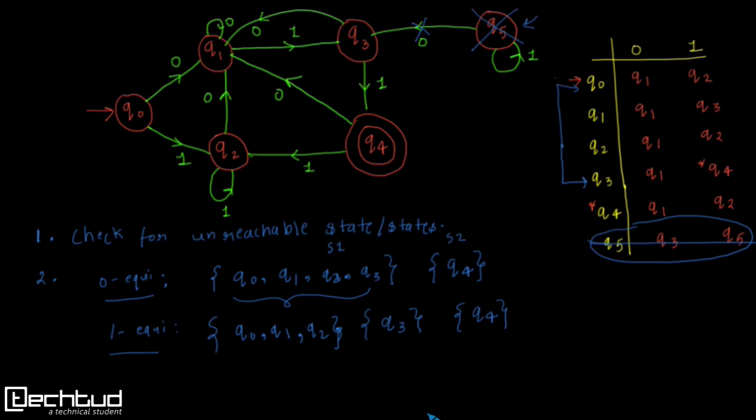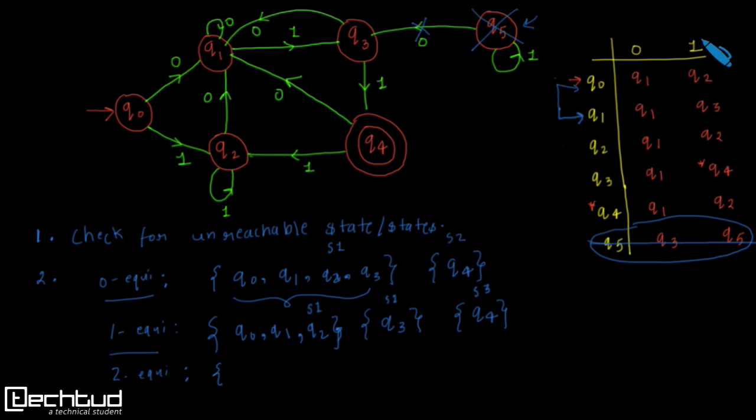Now we will check for two equivalent states. So now we have three sets: S1, S2, and S3. We are checking Q0 and Q1 for two equivalent states. Q0 on input symbol 0 is going to Q1, set 1, fine. Q1 on input symbol 0 is going to Q1, which is also in set 1, fine.